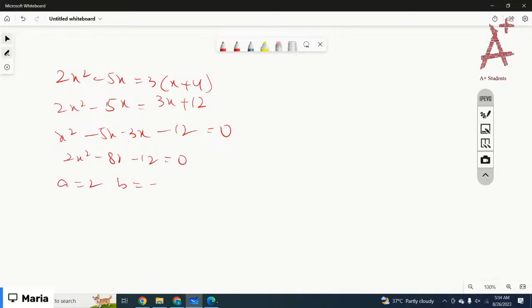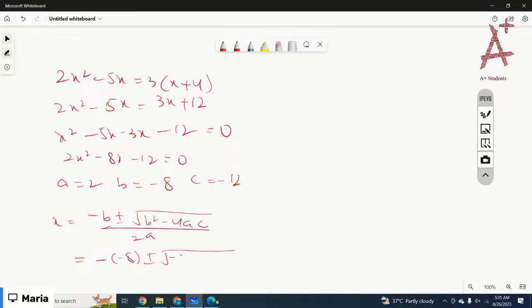a equals 2, b equals negative 8, c equals negative 12. Let's just apply the quadratic formula. Minus b plus minus square root b square minus 4ac over 2a. Negative negative 8, negative 8 square minus 4, a is 2, c is negative 12, divided by 2a.